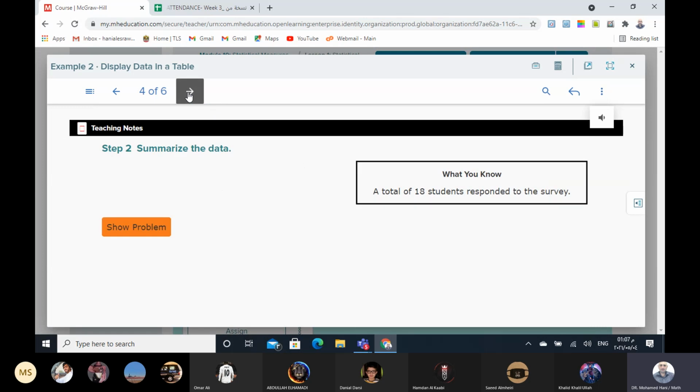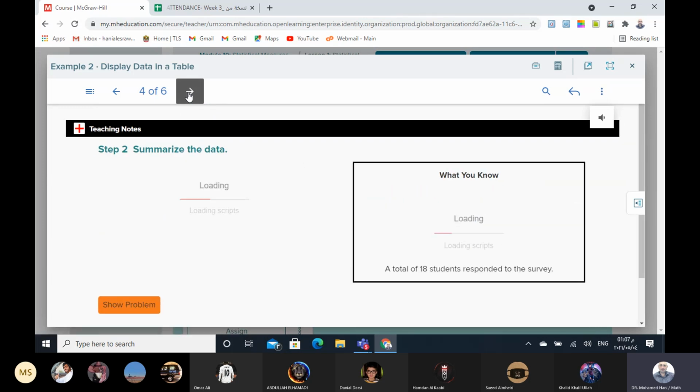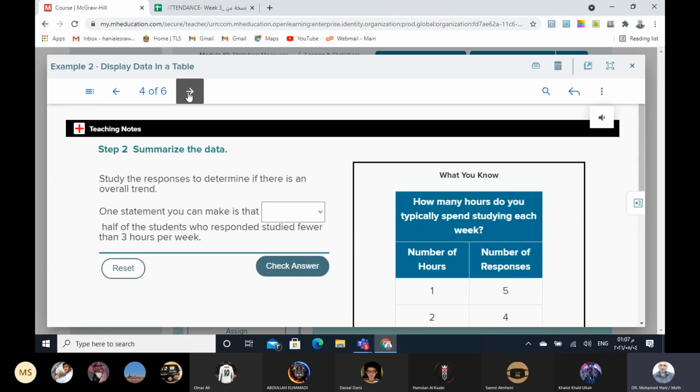The second step, summarize the data. Tell us what is your answer for the statistical question. Study the responses to determine if there is an overall trend. One statement you can make is that more than or exactly or less than.